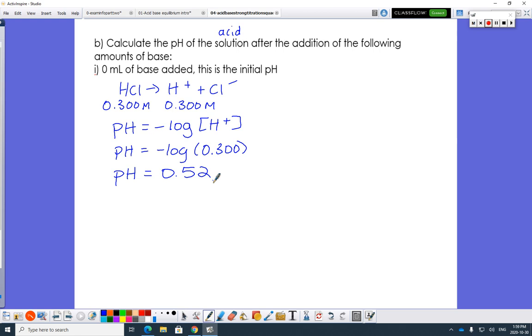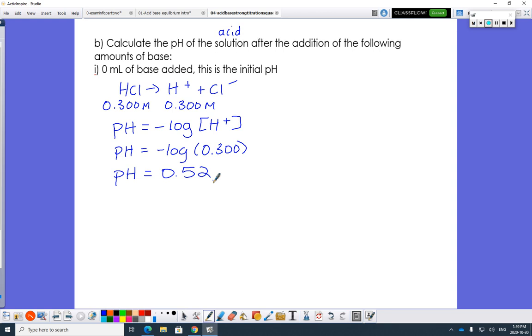So the problem with this, once we start adding base, is neutralization occurring, like proton transfer, but you're also going to add volume. So the acid solution starts at 20 milliliters, and then whatever the question says, so just read the question carefully. It says to add 10.